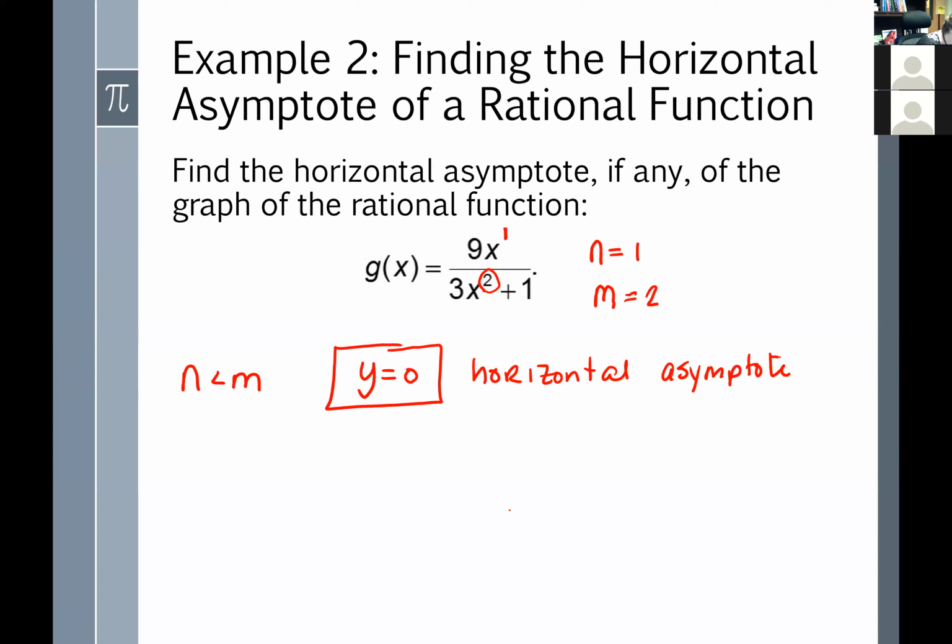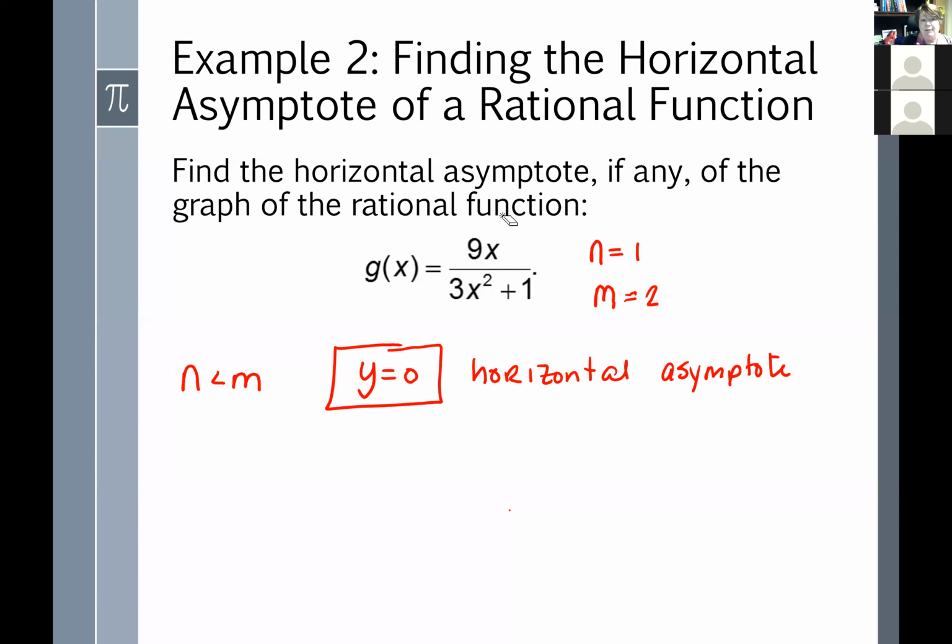And again, if you pause and ponder this for a minute, and you look at the function g of x, what happens as x gets infinitely big? As x gets infinitely big, that denominator gets infinitely bigger than the numerator because you're squaring a big number, multiplying it by 3 and adding 1. The plus 1, who cares? But the denominator is increasing at a much faster rate than the numerator.